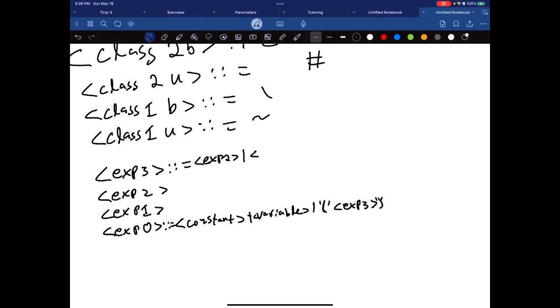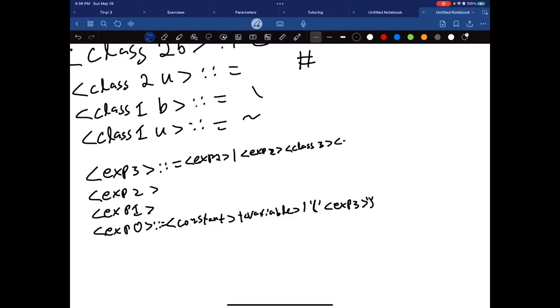So we're going to say expression 2, class 3, and then expression 3. So we're going to recall it on the right. If it was left associative, expression 3 would be on the left, and expression 2 would be on the right.